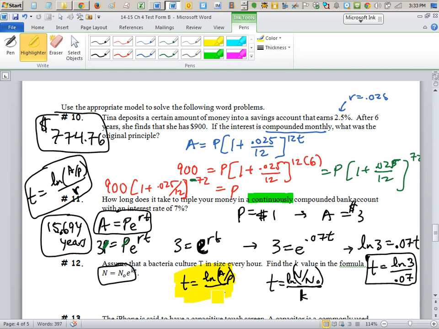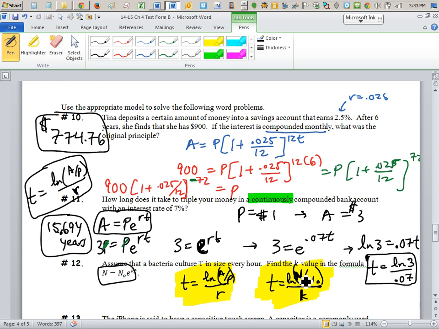All I'm doing is modifying this money case for the science case. Final amount over initial amount, log it, divide by the rate.